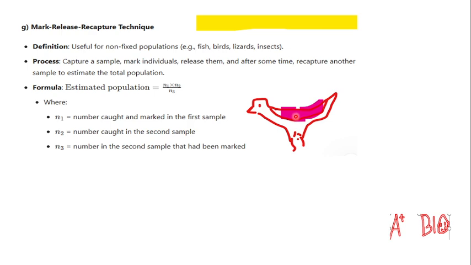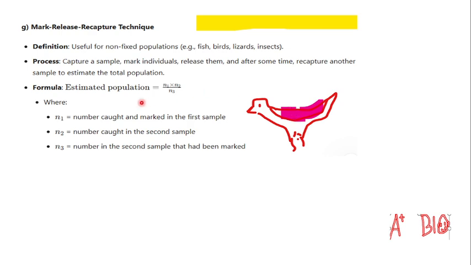Now you will release them. You come back after a period of time and see how many organisms have my marker. Some have it and some don't. Those which have the marker, you conclude are the ones which are fixed in my ecosystem. But those without a marker came after my sampling.